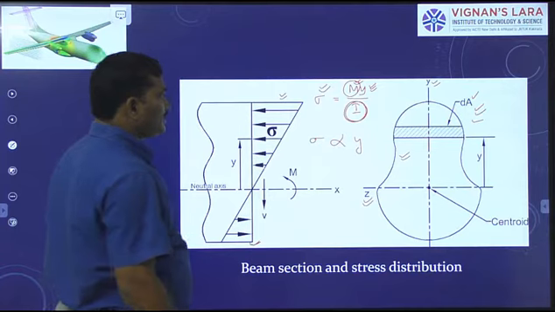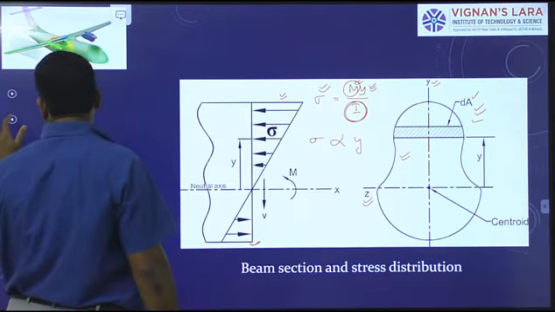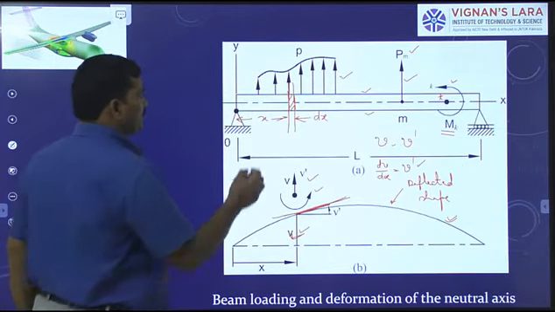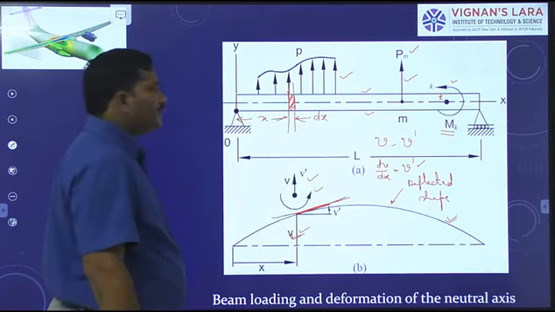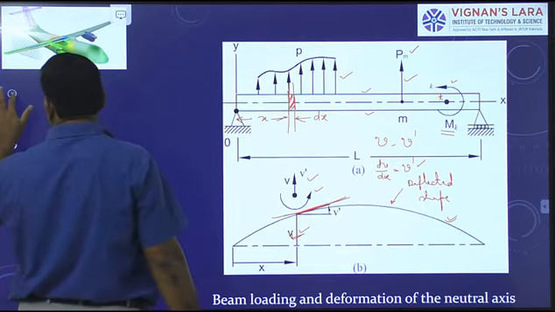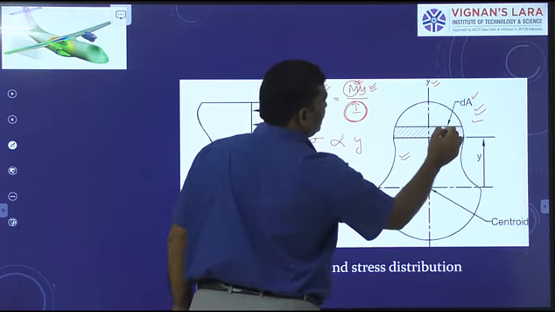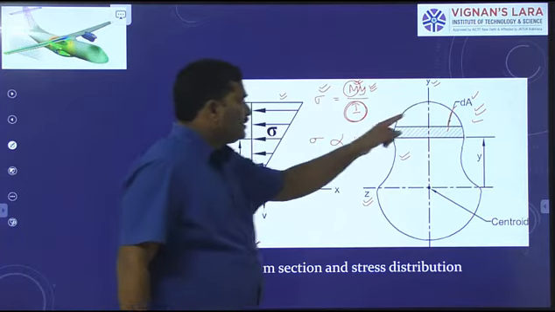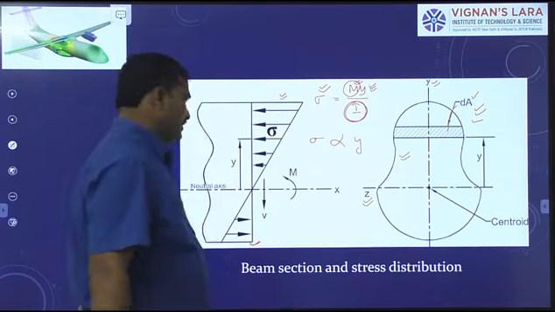Let dx be the thickness of the element, and the same section contains an infinitesimal element of area dA. This element is distant y units from the neutral axis.